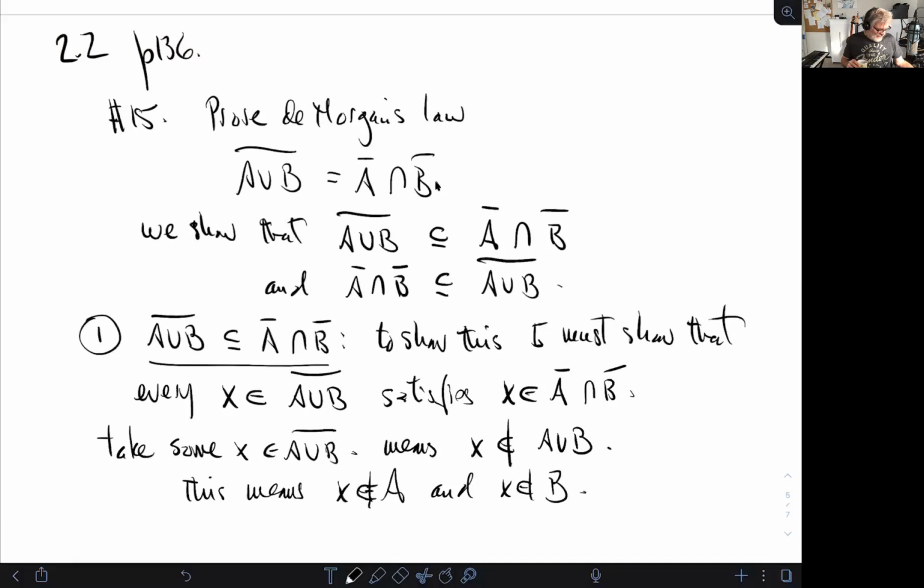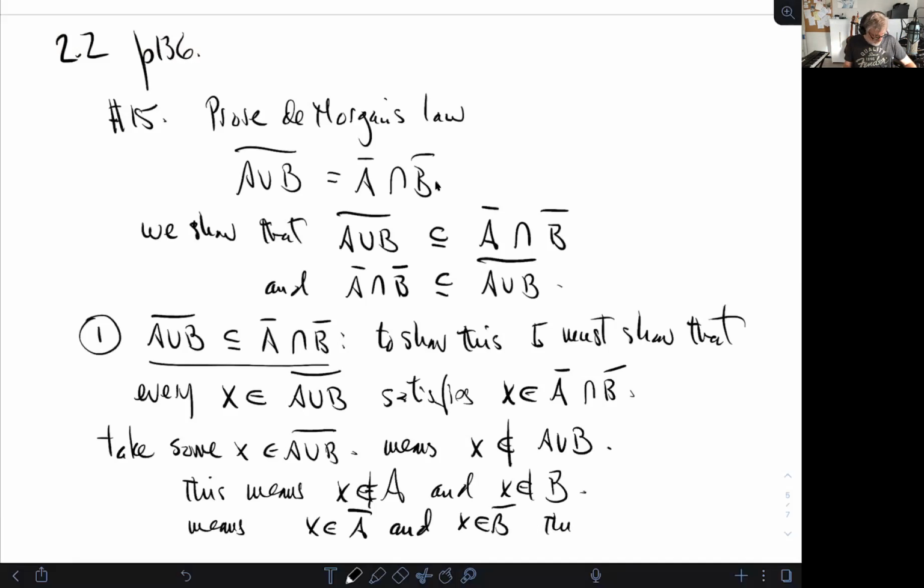Okay, so I took x, which is in the complement of the union. That means it is not in the union, which means it is neither in A nor in B. So x is not in A and x is not in B. If you're paying a little attention, then you can go for the kill with this little proof, because x is not in A. This means x is in the complement of A, and x not in B means x is in the complement of B. And to be in both sets means you're in the intersection.